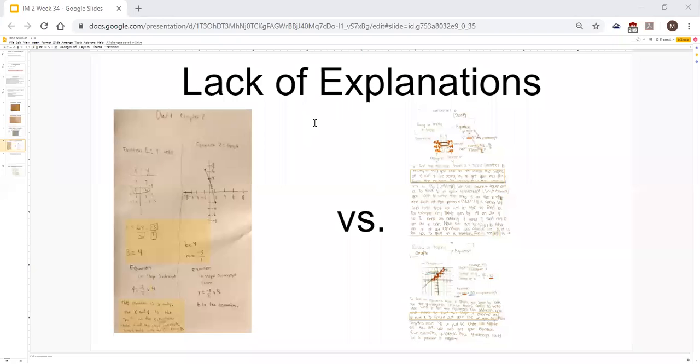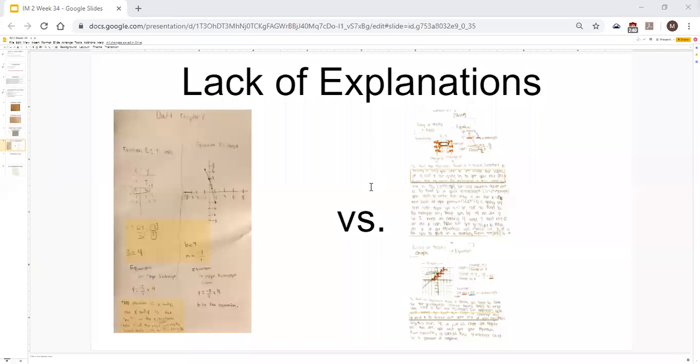What are some differences you notice between these two individuals? Isa. One has a lot of explaining and the other has none or very little.